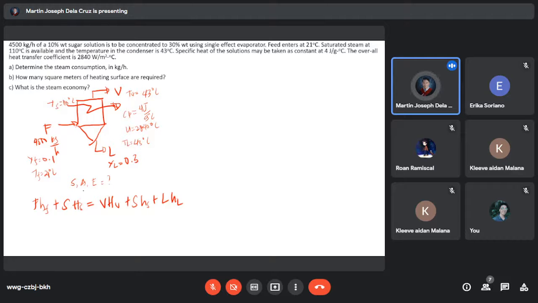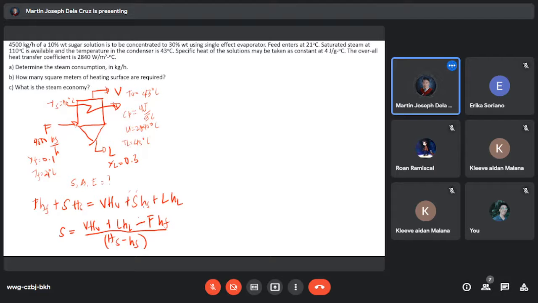So, steam plus, ito yung hinanap natin. So, pwede natin siyang ilagay sa left side, and then yung other variables ilagay natin sa right side. So, if we're going to do that, S now is equal to VHV plus LHL minus FHF over HS minus hs. Right? So, parehas lang sila class.